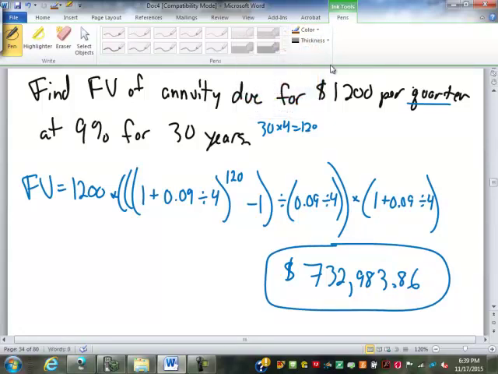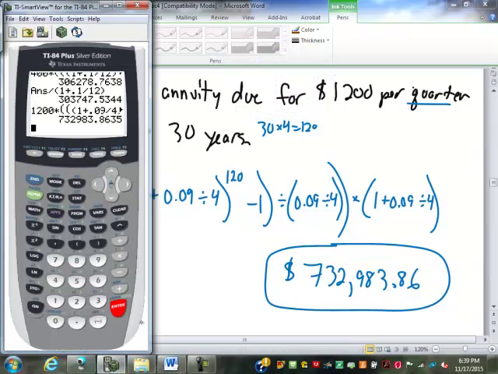What would it have been if it had just been an ordinary annuity? Well, let's divide it back. Divide out that conversion factor, that adjustment factor, 1 plus 0.09 divided by 4. It would have been only $716,854.63.